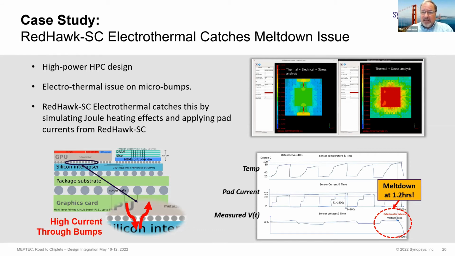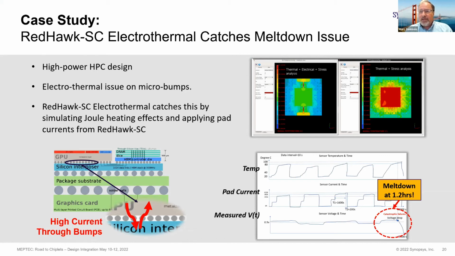And finally, the solder ball achieves a temperature where it goes through a phase change. In other words, it melts. This was a catastrophic failure that was detected in simulation. Of course, it requires a very detailed analysis of each individual bump, the temperature of each individual bump, and the current going through each individual bump. Keep in mind that for the power distribution for these microbumps, you have farms of microbumps.